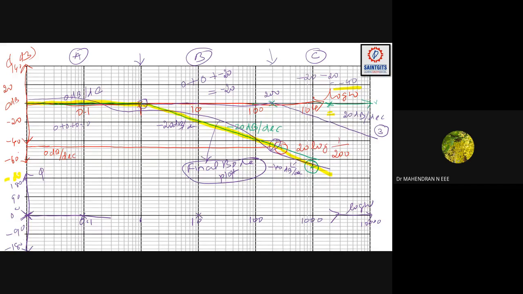Then the curve will be like this, going like this. And this is dB here.